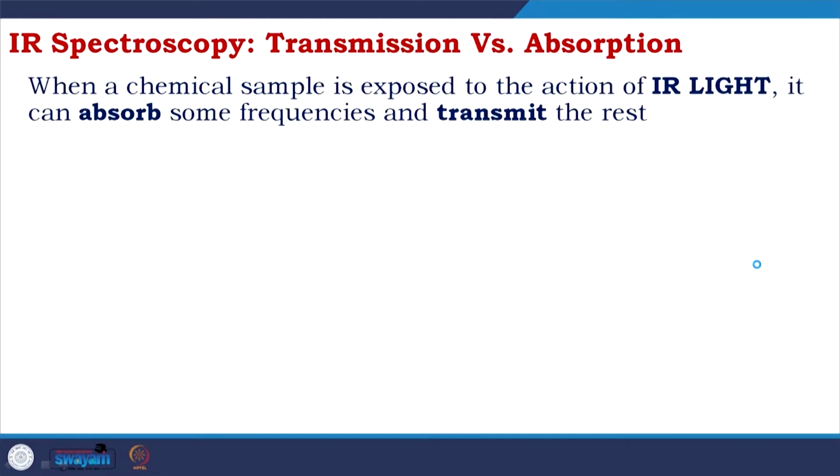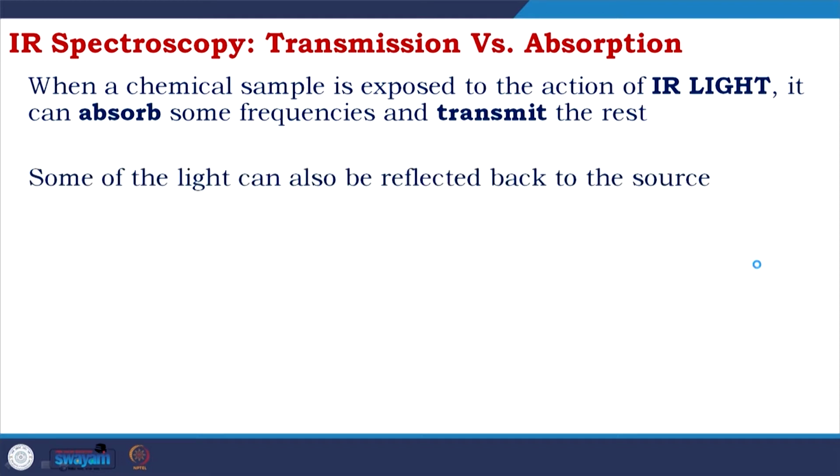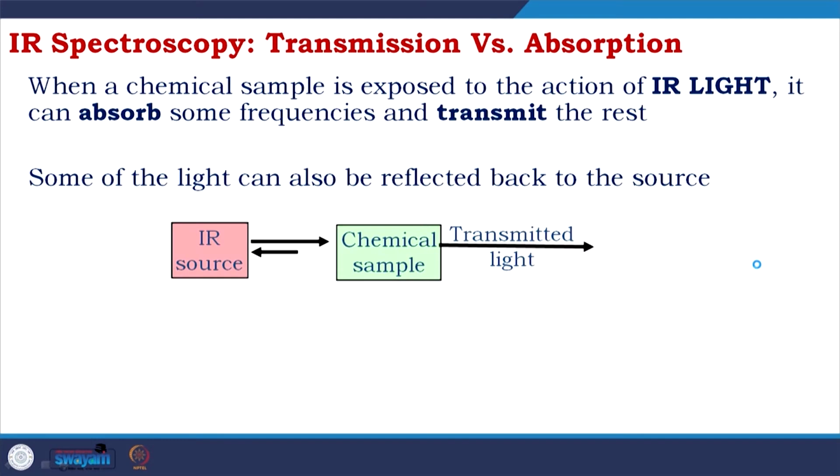Transmission versus absorption. This is everywhere we go in spectroscopy, we look at them. When a chemical sample is exposed to the action of infrared light, it can absorb some frequencies and transmit the rest. Some of the light can also be reflected back to the source. We have talked about interaction of matter with any light source, and absorption, scattering, transmission, reflection, all are possibilities.